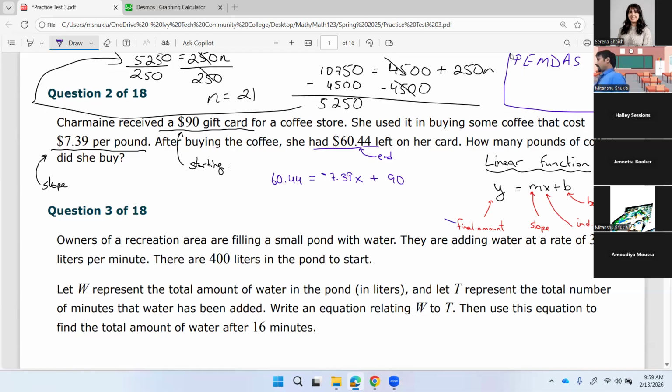Oh, yeah, yeah. Okay. Now, P means parentheses. E means exponents.